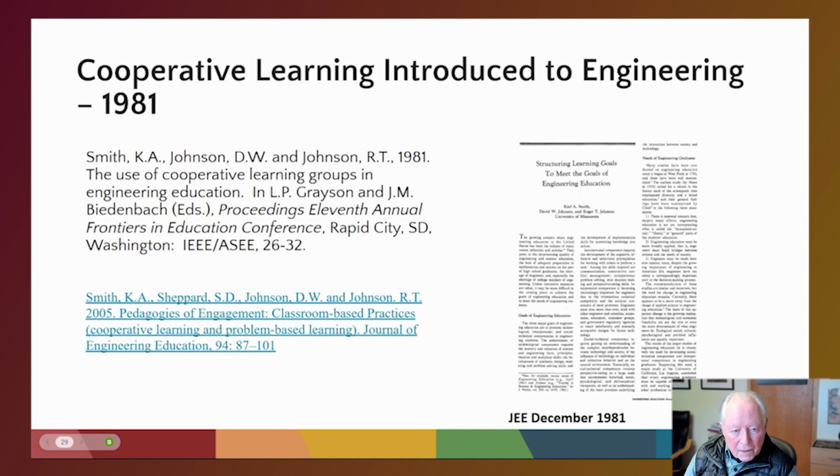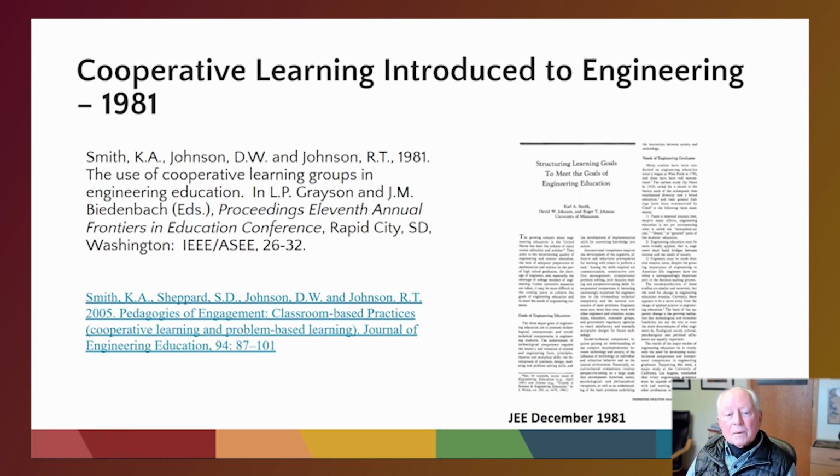So in 1981, I introduced cooperative learning to the engineering education community in a Frontiers in Education conference and in a Journal of Engineering Education paper. It wasn't greeted with great enthusiasm because it was quite different from what most people were practicing. But I came with data, and I came with a pretty compelling theory, social interdependence theory.